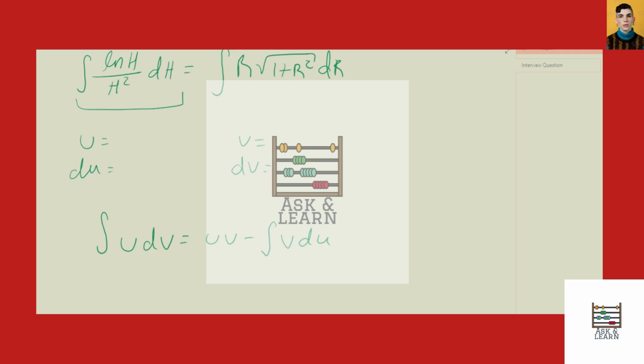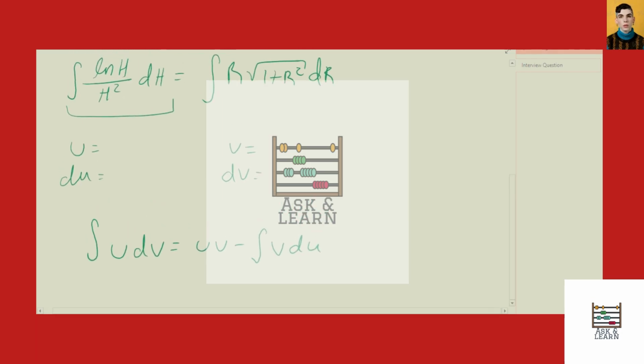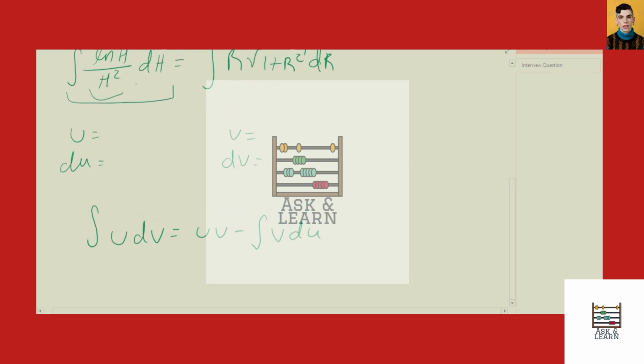So now that we have that, I'm going to plug in parts of this here. So I'm actually going to rewrite this as the integral of ln h times 1 over h squared dh, which is the same thing as this up here.